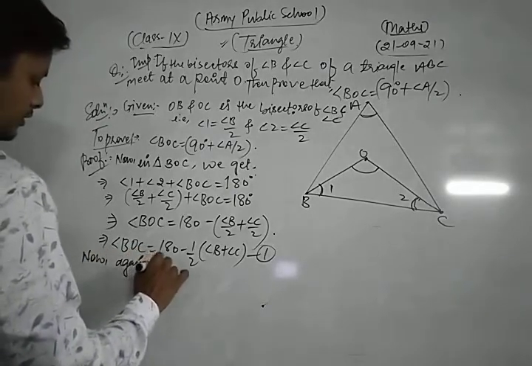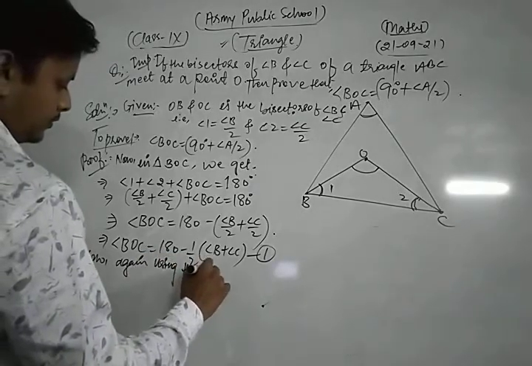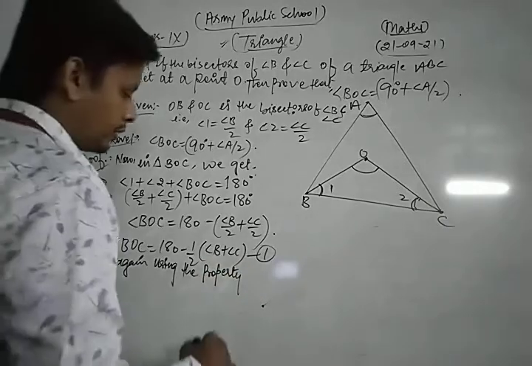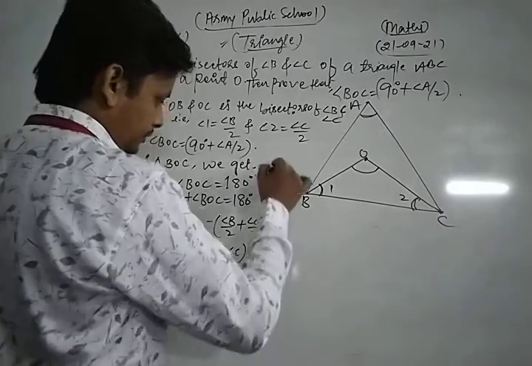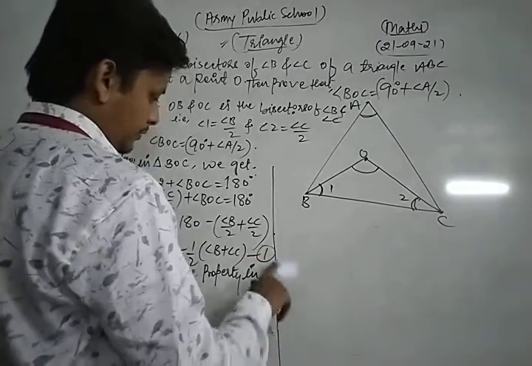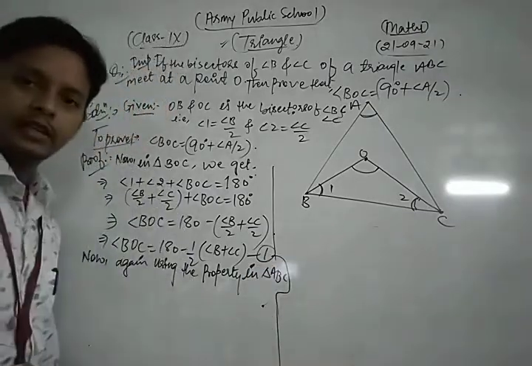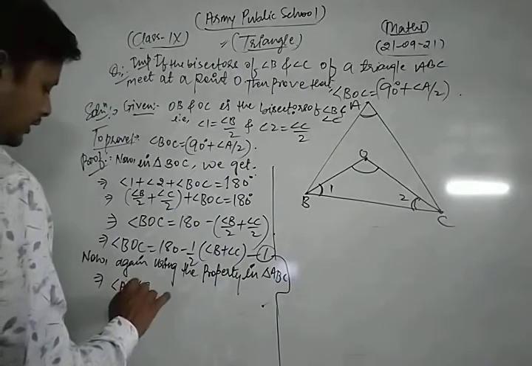Now again, using the property in triangle ABC, the angle sum of all angles of a triangle is 180 degrees.